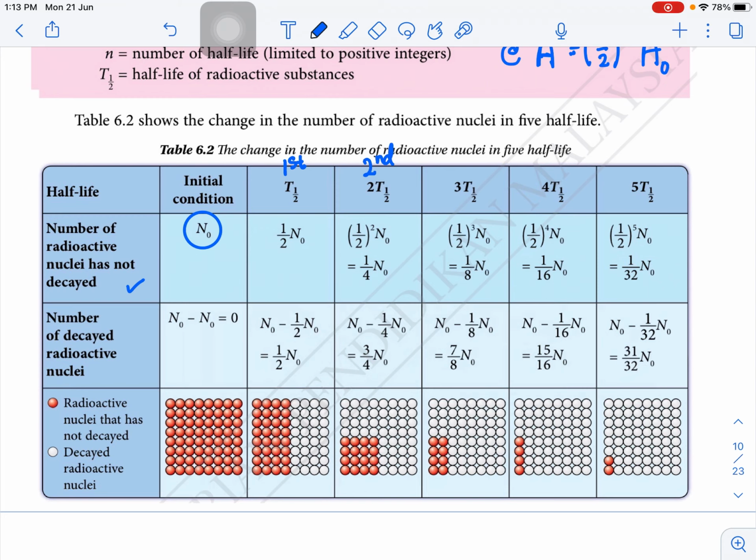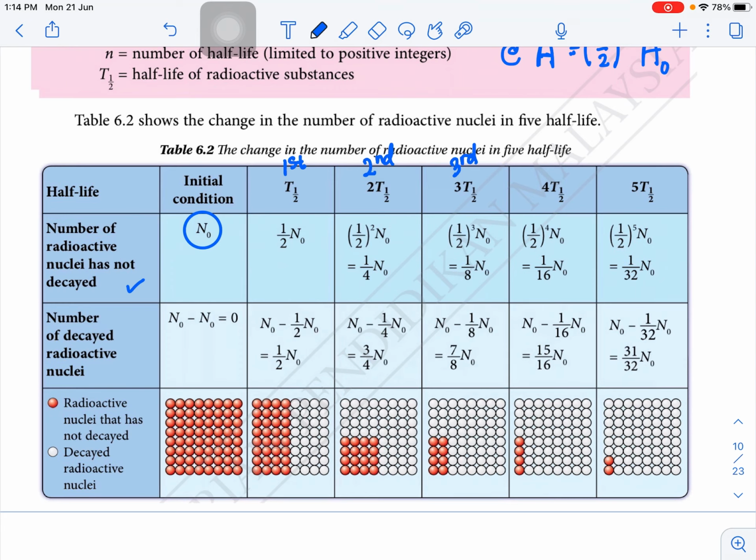And the number of decayed radioactive nuclei is N0 minus 1 over 4 N0, so we get 3 over 4. 3/4 has decayed, 1/4 has not yet decayed. For the third half-life, T half, the number of undecayed radioactive nuclei is 1 over 2 to the power of 3 times the initial number of nuclei. So we get 1 over 8.